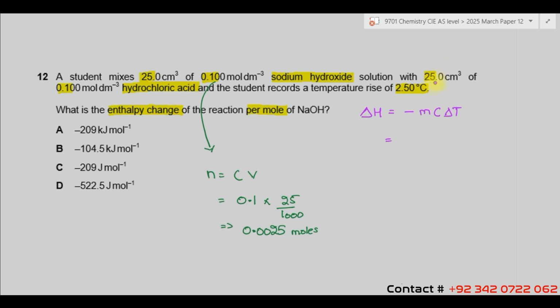Mass of solution is 25 cm³ of acid plus 25 cm³ of alkali, so together it becomes 50. So 50 cm³ can be taken as 50 grams, into the specific heat capacity 4.18. Delta T is the change in temperature, 2.50.